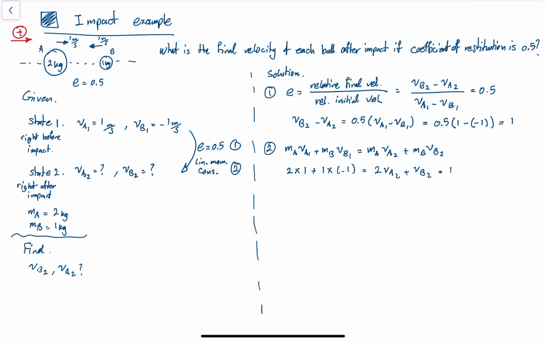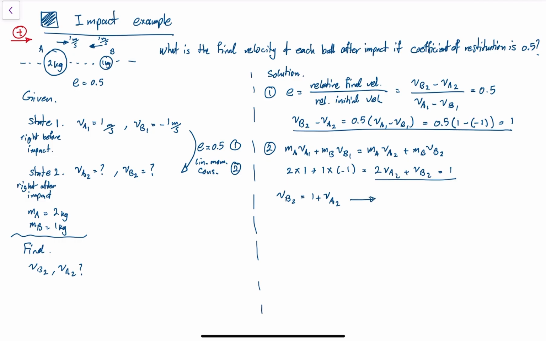So my equations are relatively easy. I have 2 equations and 2 unknowns. Either one of the 2 is not enough to solve the problem. I need to have both. So I have these 2 pieces of information. Let's take the top one, find VB2. VB2 is 1 plus VA2.